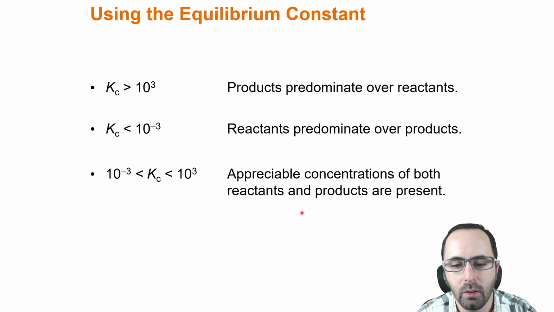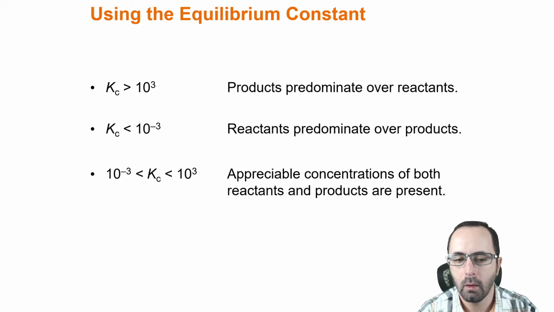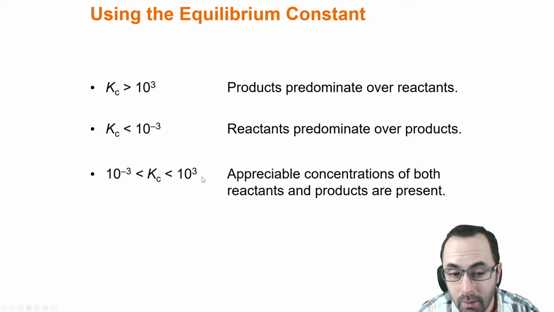I know some of you are interested in being doctors or in the healthcare field. When it comes to pharmaceutical drug production, many equilibrium constants are in the middle here, which means that you have a lot of the reactants left over that may be toxic to people.